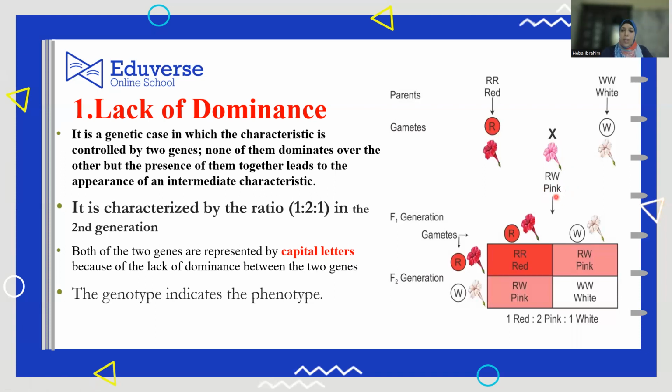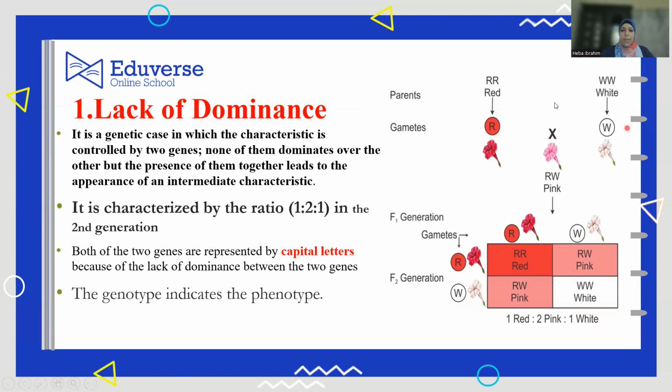What about the second generation? When 2 pink plants are crossed together, the product will be red, pink, and white flowers by ratio 1 to 2 to 1. One for each trait of the parents, and 2 for the new intermediate trait. And this is what is called lack of dominance.